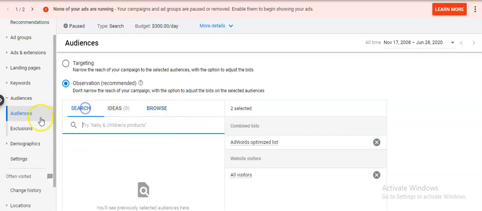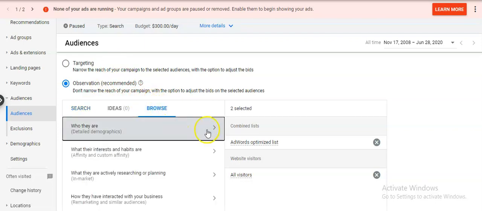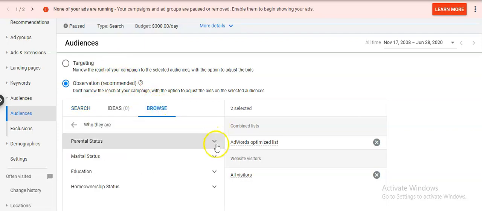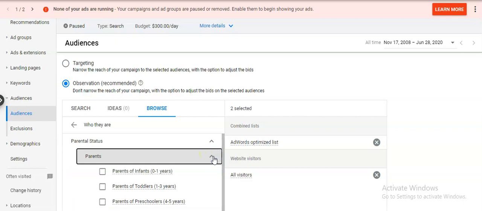So you click on audiences, then you click on observation or targeting, and then you click on browse, and over here you get a list of the different demographics that I've already described, the deeper demographics. So first one is the parental status.